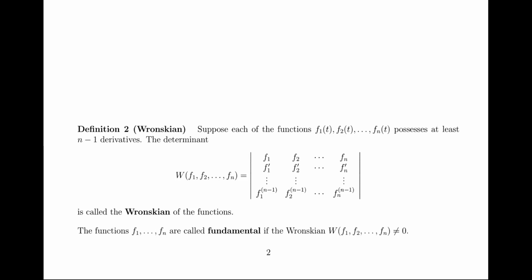We say that these functions, f1 through f sub n, are called fundamental if the Wronskian is not equal to 0, i.e. the determinant of this matrix up here is non-zero.